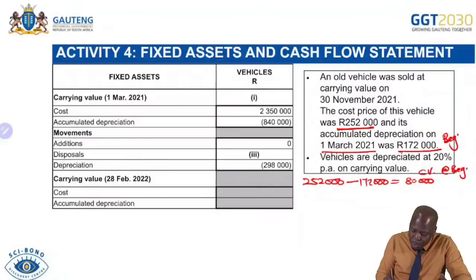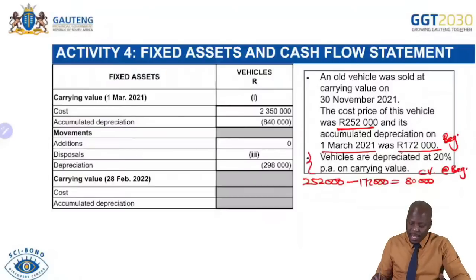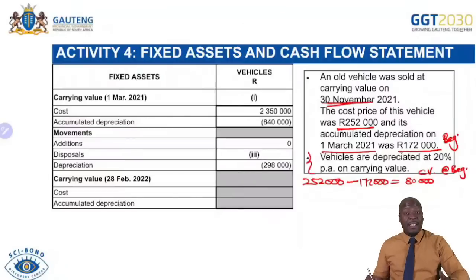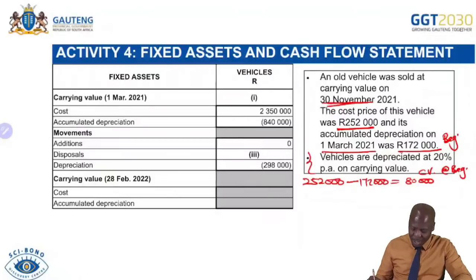Now, we have used this asset before we have disposed of it. It was in use until, we are told, it was sold on the 30th of November. That means it has lost value in this financial year. What does that mean? We need to calculate depreciation.